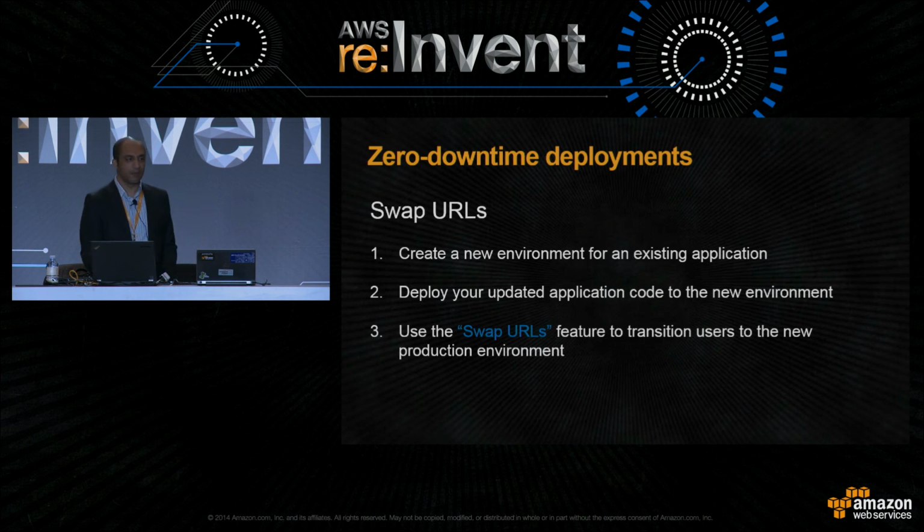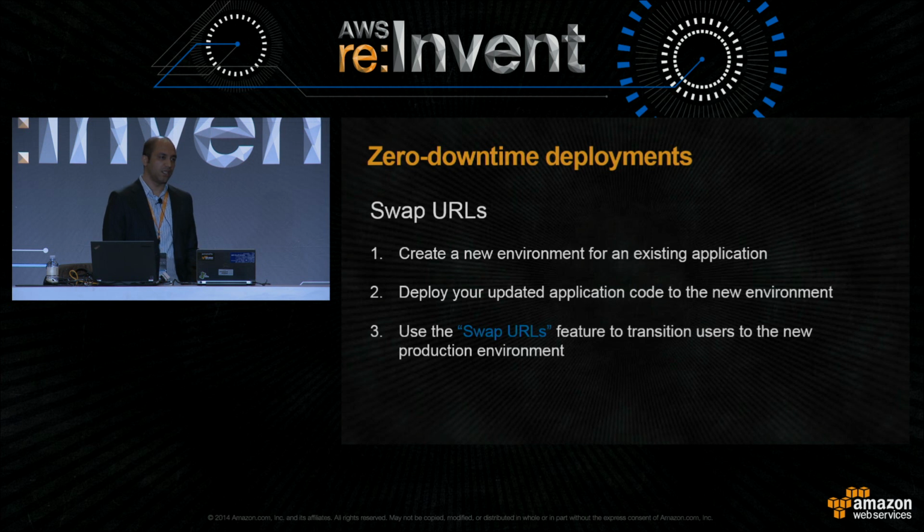Beanstalk realizes that people have two ways they go about it. There's the immutable architecture track, which basically says, hey, I want to always deploy to a new set of instances, a new environment. I never want to do in-place deployments. So for that, we support something called swap URLs. The way this works in Elastic Beanstalk is that you would create a new environment for your new application version, and then you'd deploy your updated code to it, and then you'd perform a swap URL.